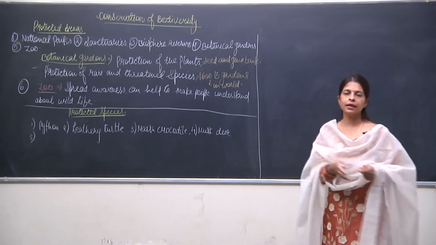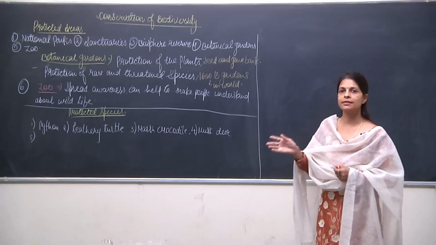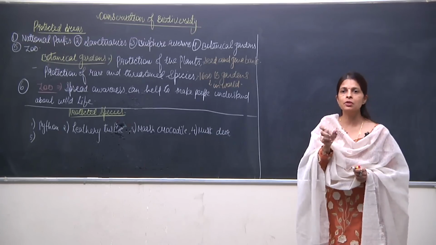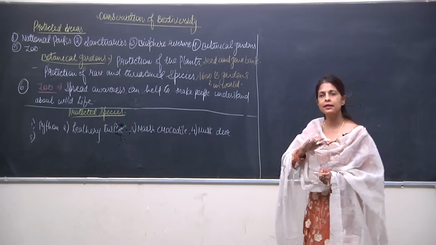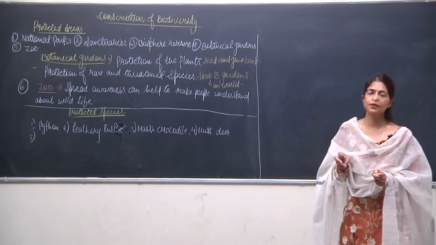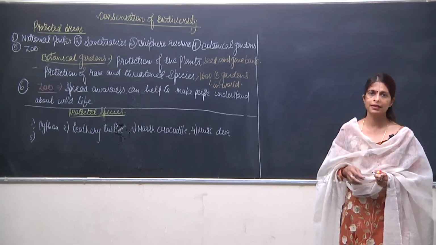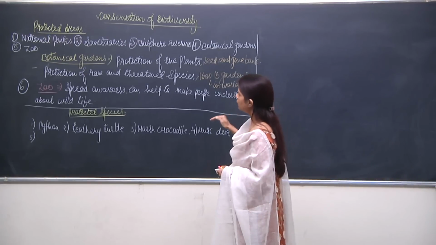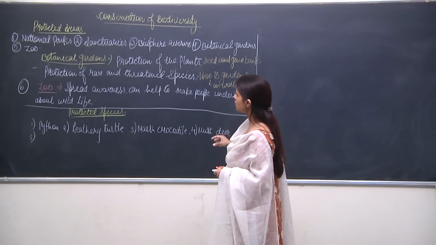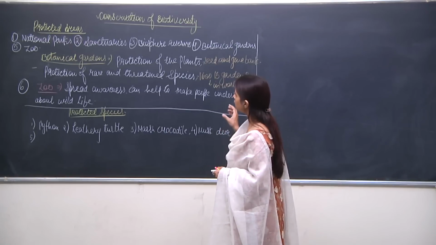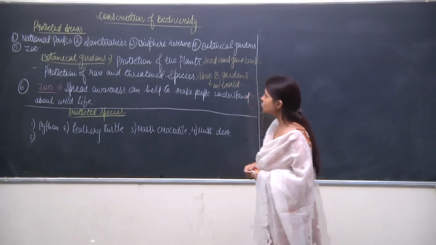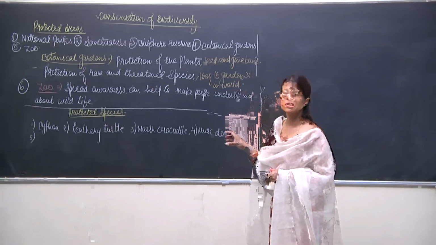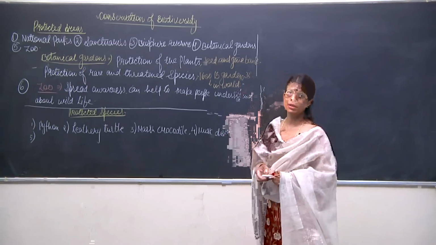After this we are going to talk much about all such different names, and we will study in detail what is vulnerable, what is endemic, and what all these species are. But here, children, I am writing the names of certain species which come under the category of protected species. That means these species are protected now in India.